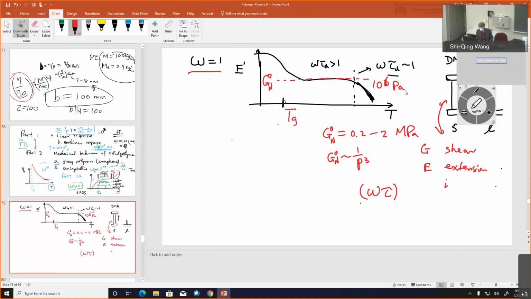And you should learn that in the glassy state, essentially it jumps another 3 orders of magnitude. 1 gigapascal is basically what it goes to. Okay, this is a rule of thumb. This is for all of your dear polymers. No solvent, right? This is all solvent-free polymer.